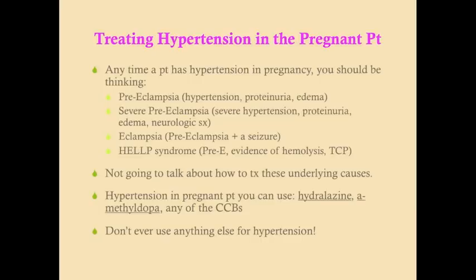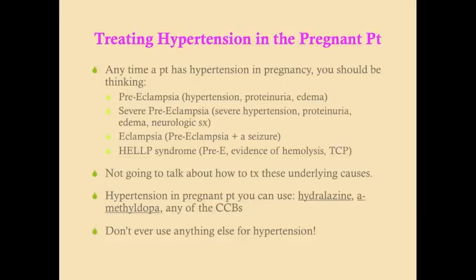Severe preeclampsia, which would be severe enough hypertension, proteinuria, and edema, or just preeclampsia with neurologic symptoms. Eclampsia, which would be preeclampsia or severe preeclampsia along with a seizure. And HELLP syndrome, which is high liver enzymes, hemolysis, and low platelets.